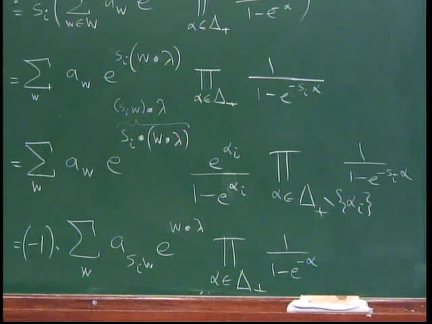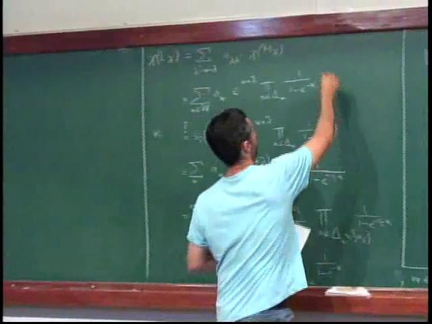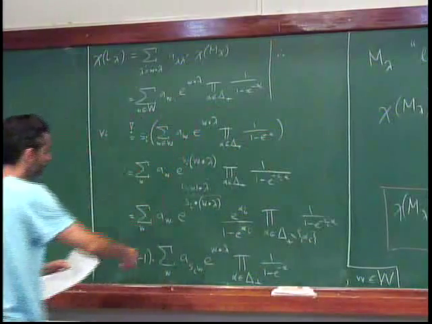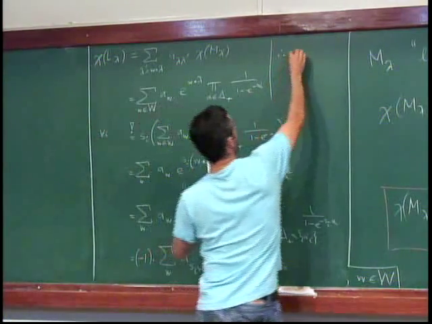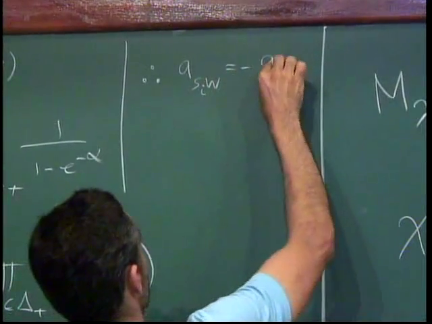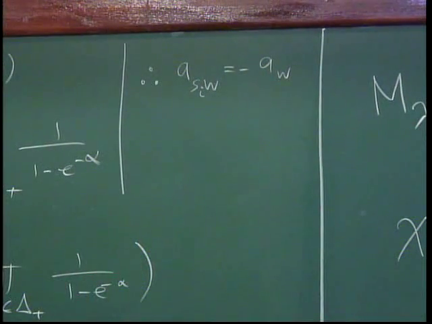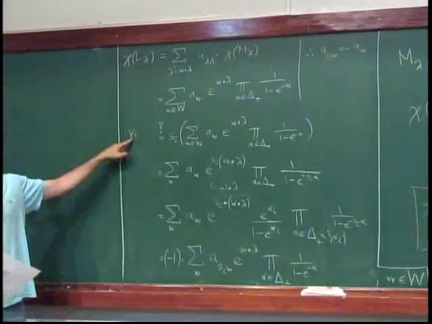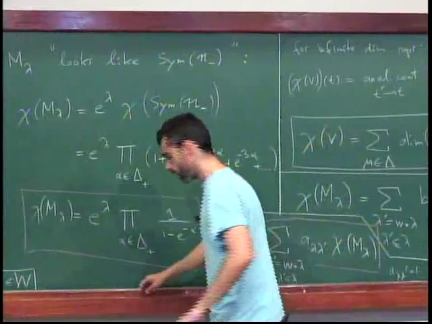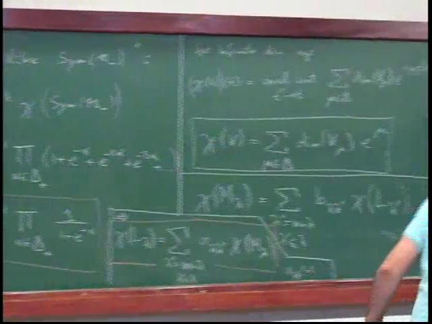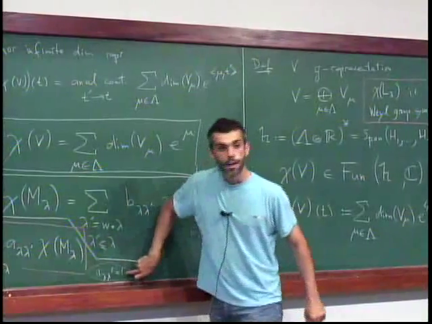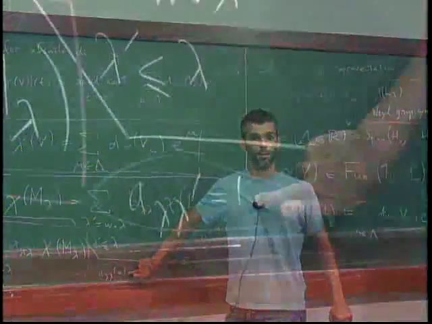What do we learn from that? The conclusion of this whole computation is that A sub SIW is minus A sub W, and that for every I. We also know, and I didn't circle it in red but here it is, that A sub the identity element of the Weyl group is 1.